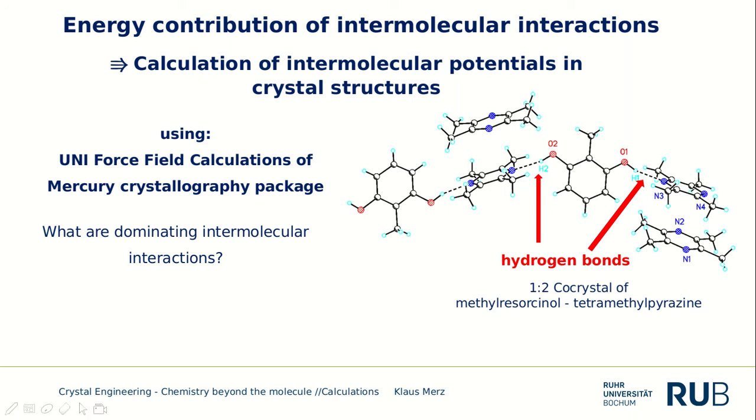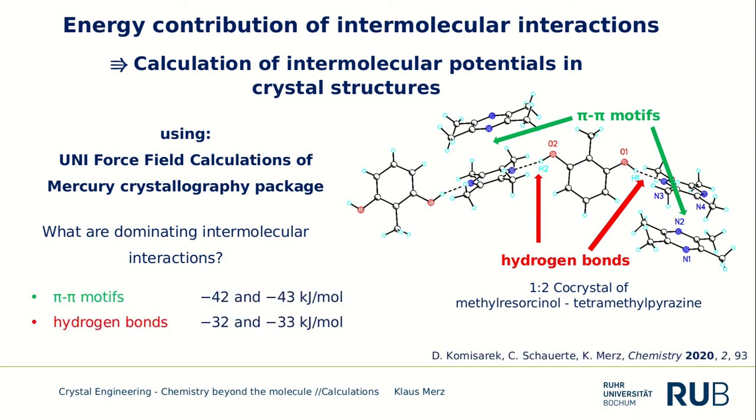And we have these pi-pi stacking motifs, face to face, very nicely. Which motif shows higher energy? What do you think? The answer is the pi-pi stacking motif shows a higher energy, not the hydrogen bonds. Okay?